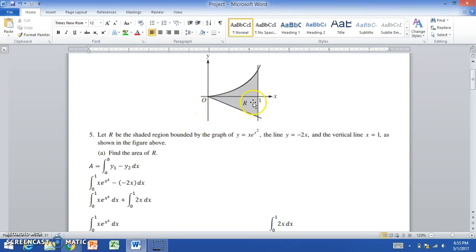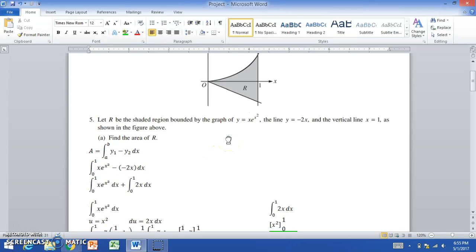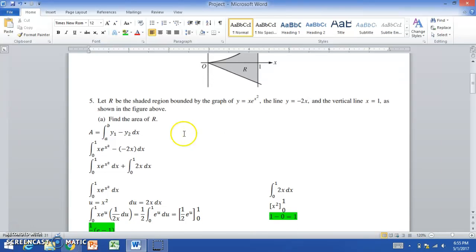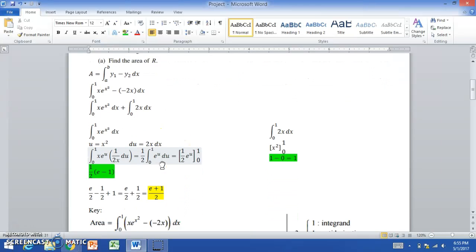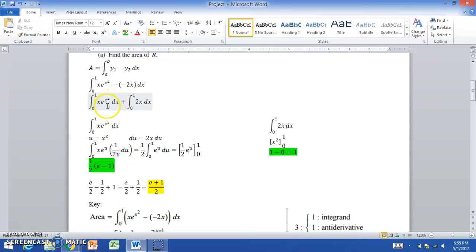And our interval is from 0 to 1, and we replace these functions into the integral, and we can separate them and antiderive. First, focusing on x times e to the power of x squared, we could use u substitution for x squared and derive to get 2x dx.